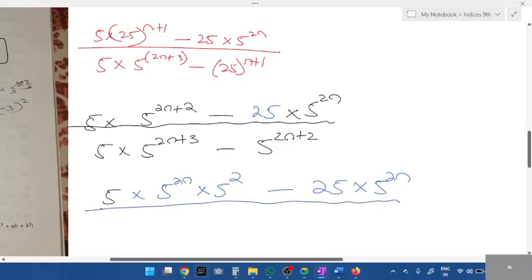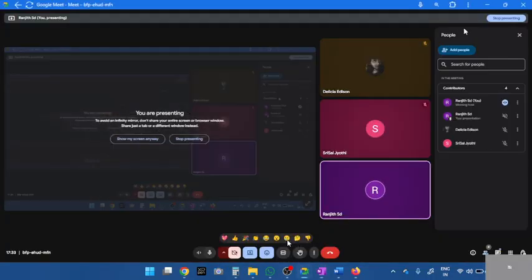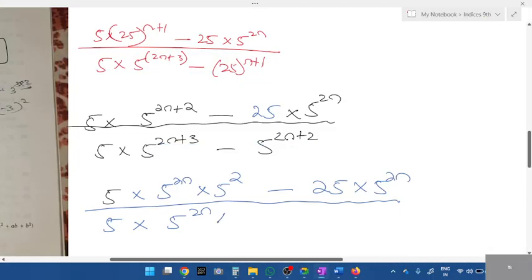Delicia, you just separate all the variables and constants. Okay. Tell me the next one, Delicia. How do you separate the variable and constant here? 5 to the power of 2n for plus. Yes, Delicia, respond, unmute the call. Or Ananya, tell me. Into 5 divided by 5.